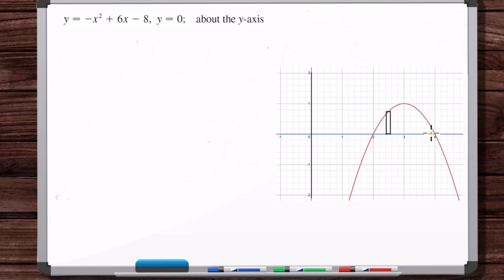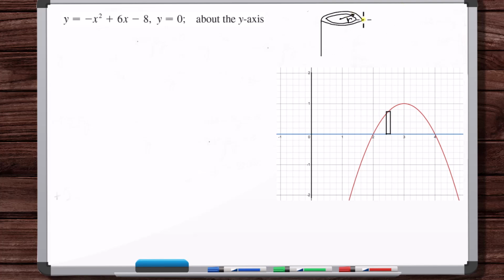Just something to notice. So, all right, we're going to use the cylindrical shell method. And so the volume of a cylindrical shell, here's that average radius r, the midpoint between the inner radius and the outer radius.